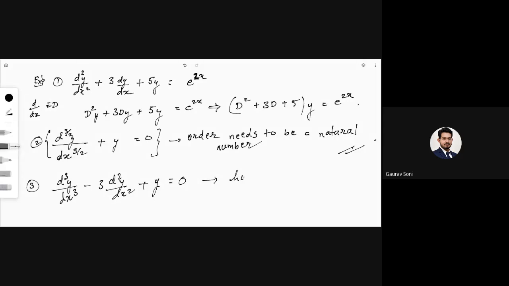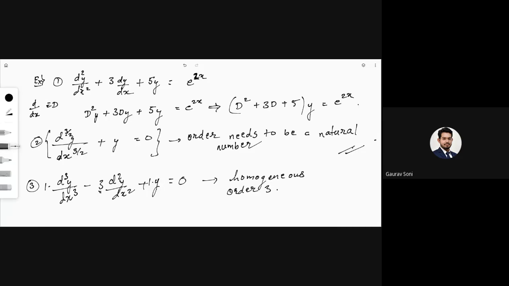Moreover, it is homogeneous. It is a homogeneous linear differential equation of order 3. What are the coefficients? The coefficients are constant: here it is 1, here it is 3, and here it is again 1. So with constant coefficients.